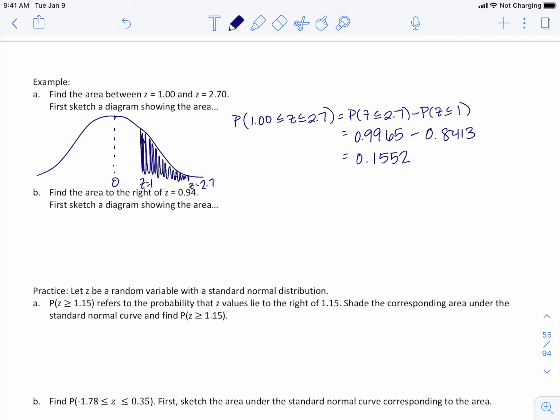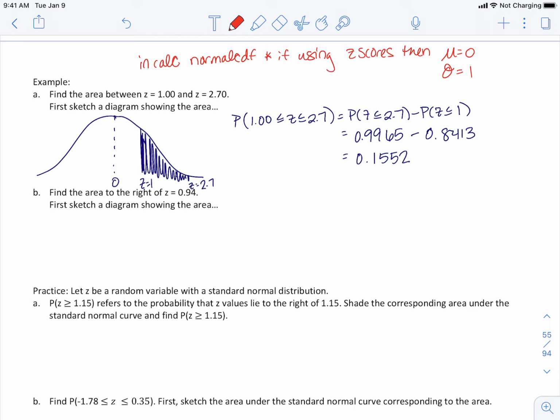Now, remember, we can also do this in the calculator. And just a reminder, in your calculator, for normal CDF, if you're using z-scores, then your mean is always 0 and your standard deviation is always 1. Okay, so keep that in mind.